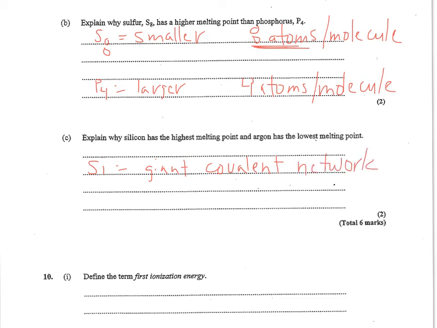And argon has the lowest melting point because they're monoatomic. So there's no bonds, which means there's very few London dispersion forces, or LDFs, that are going to occur. Very few opportunities for any kind of a temporary dipole.